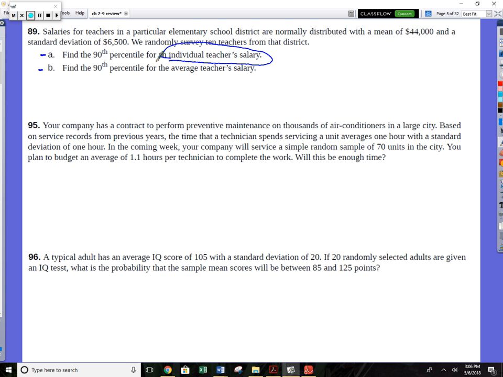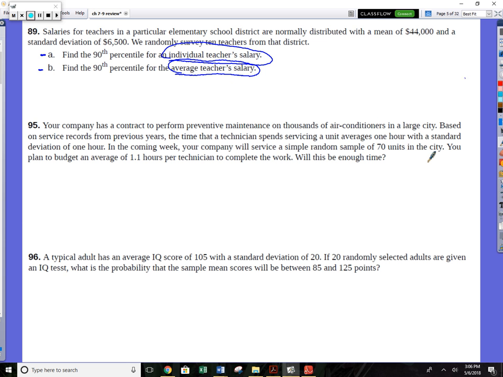So we're going to use the normal distribution. Okay, 90th percentile, here we go. And on B, we're going to use the central limit theorem. Now we're looking at average teacher's salary.